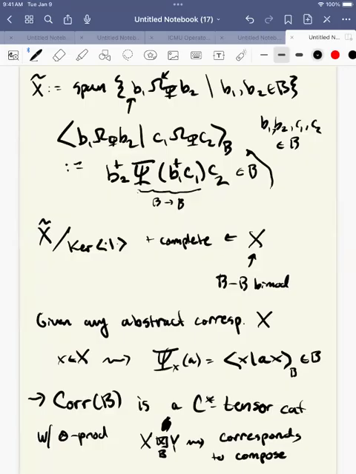So B is usually, when you do this game, and I'm skipping over some technical things, B should probably be a C-star algebra. Then you can define the norm of something by taking the B-valued inner product and then taking the norm, but since this is covariant, you probably want to take a square root. But this is the norm in B, because B is a C-star algebra, so it has a norm on it. If B is made out of a matrix of matrix algebras, you take the operator norm on the matrix algebras.